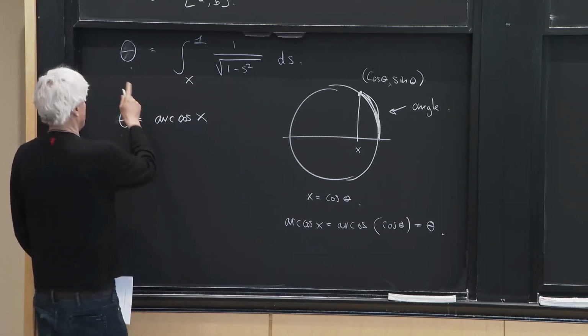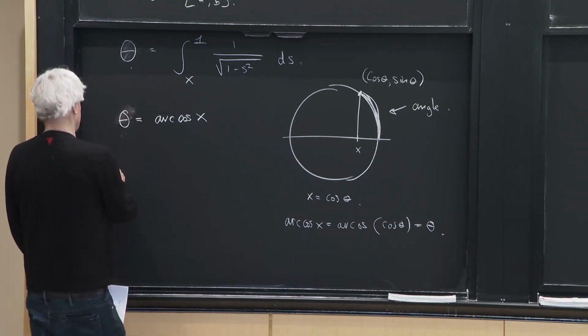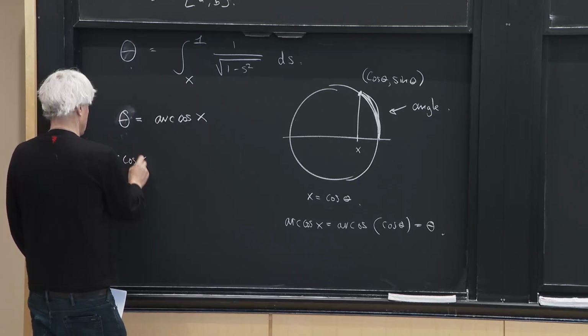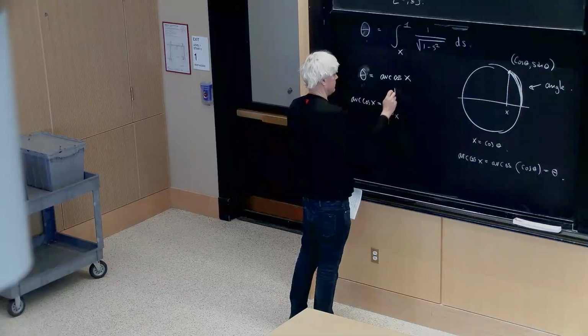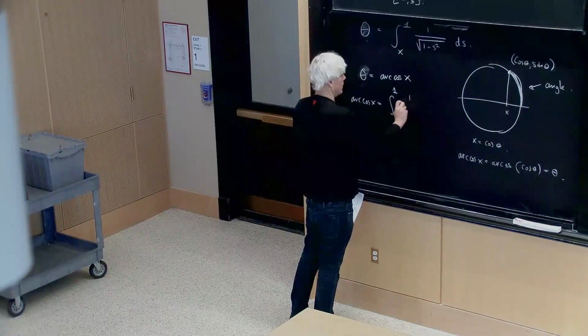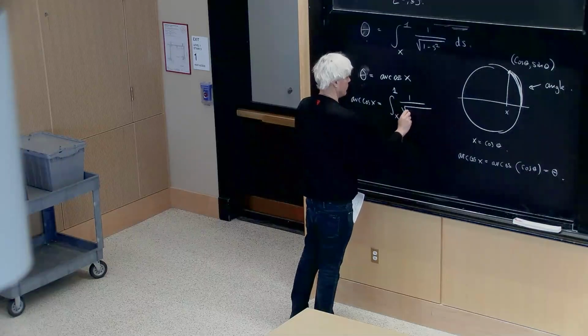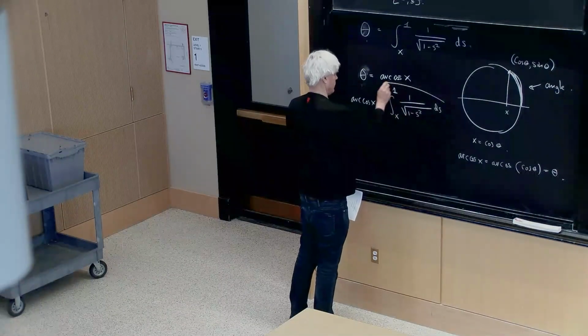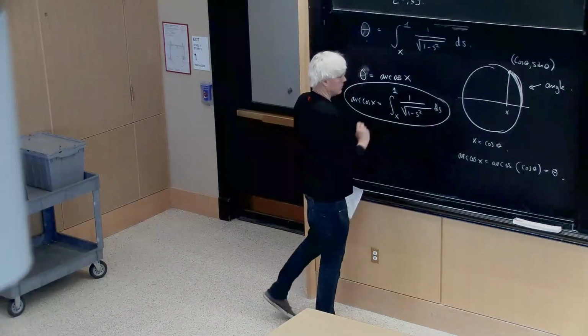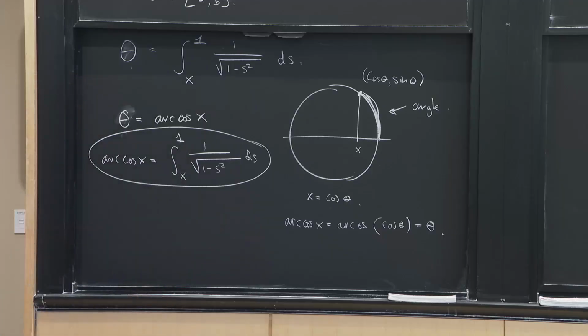Okay, so in other words, arc cosine of x is given as the integral from x to 1 of 1 over the square root of 1 minus s squared ds. So you have this formula here, which is not so surprising, but anyway, you can get it from this.